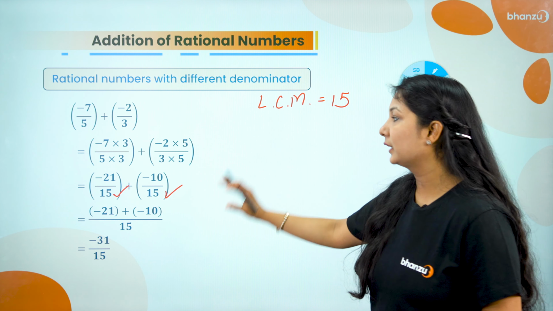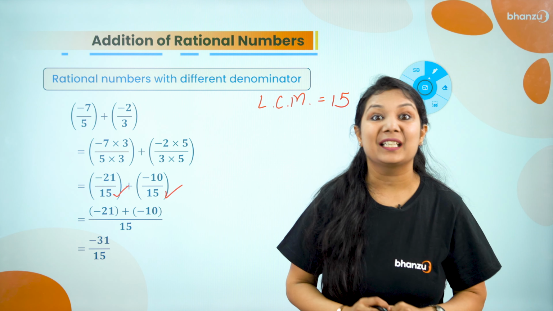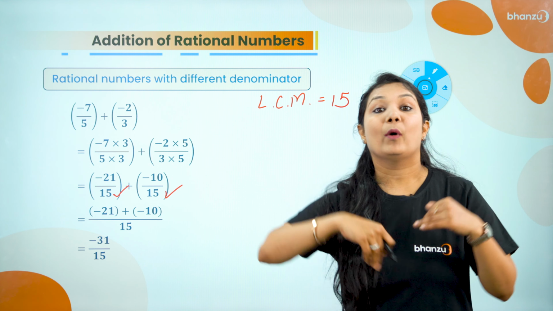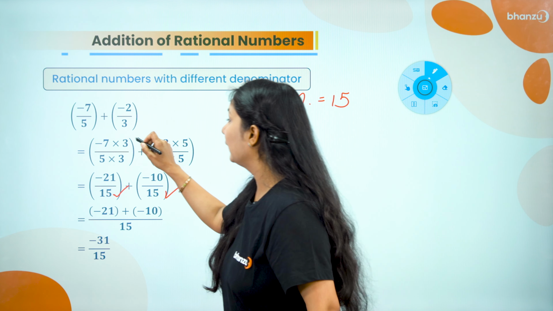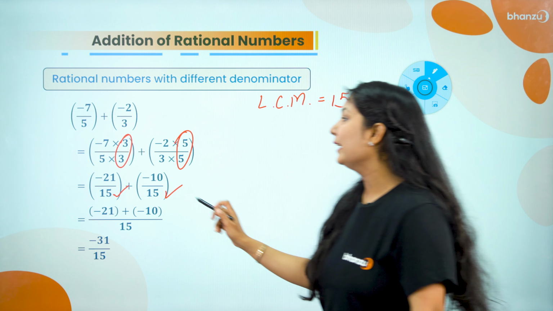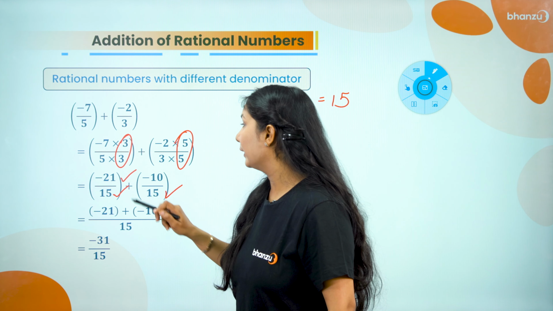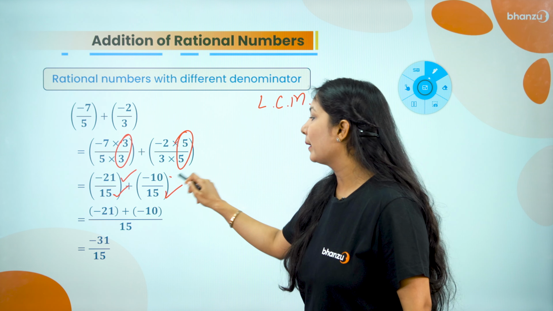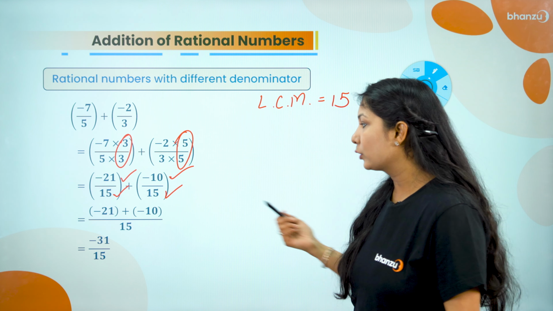So now you have the same denominators, and if we are multiplying the denominator by one of the integers, we have to multiply the numerator also by the same integer. So we get minus 7 into 3 is minus 21 and minus 2 into 5 is minus 10. Now let's open the brackets.